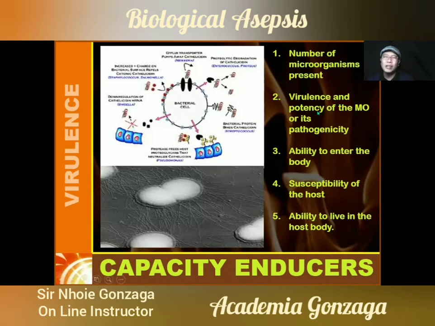Number two, virulence and potency of the pathogenicity. Meaning, even if the viruses are just few, if they are known to be dangerous and strong, they can still infect you. Number three, ability to enter the body.